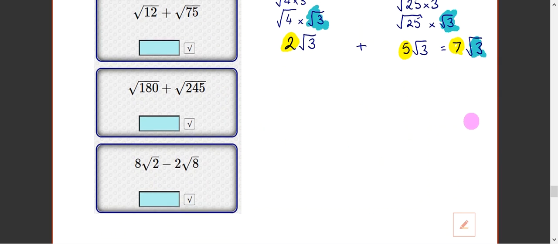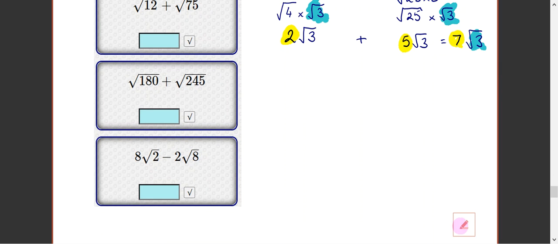Let's just have a quick look at this third one then. Any ideas? Does 8 root 2 simplify at all?